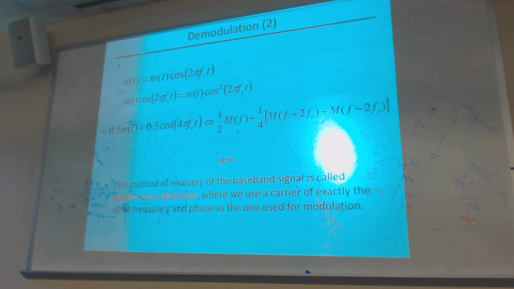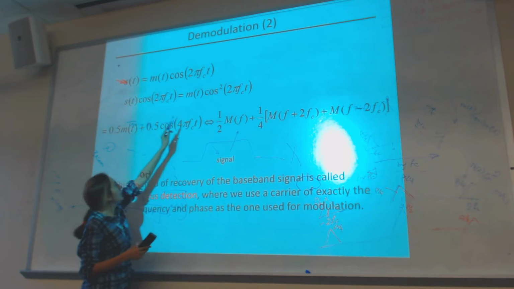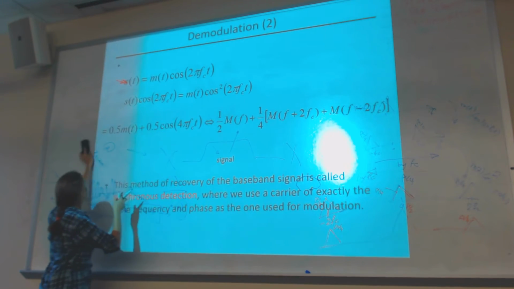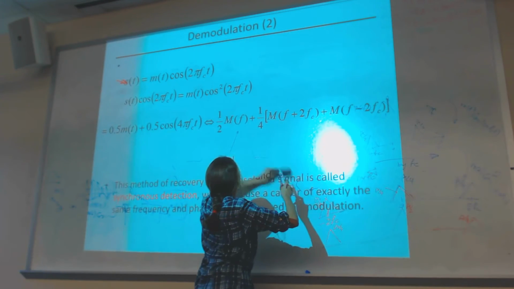Okay, so mathematically, this is s, which was called the modulated signal, m(t) times cosine. Now I multiply by another cosine, so that cosine is squared, and this is exactly the shift that we saw.